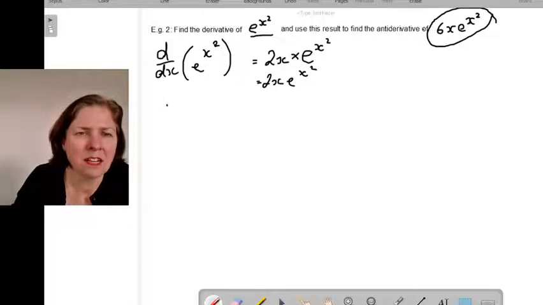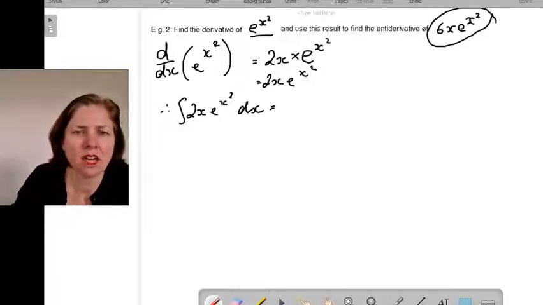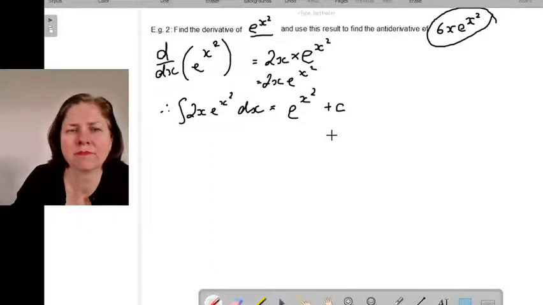That means that if I antidifferentiate 2x times e to the power of x squared dx, I'm going to get what I started with, e to the power of x squared, and throw in a plus c. So I now know what the antiderivative of 2x e to the x squared is.